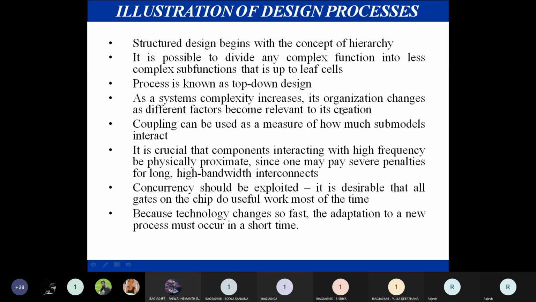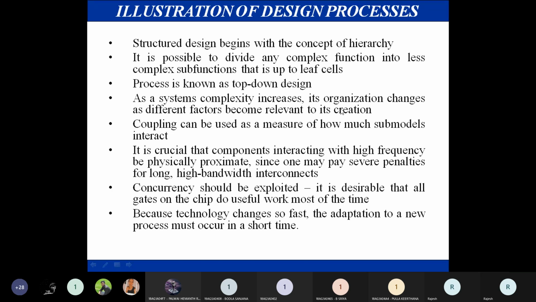Not all subsystems are left idle while one part of the design is going on. This is done in multiprocessor and multitasking systems, so that all gates on the chip do useful work most of the time.